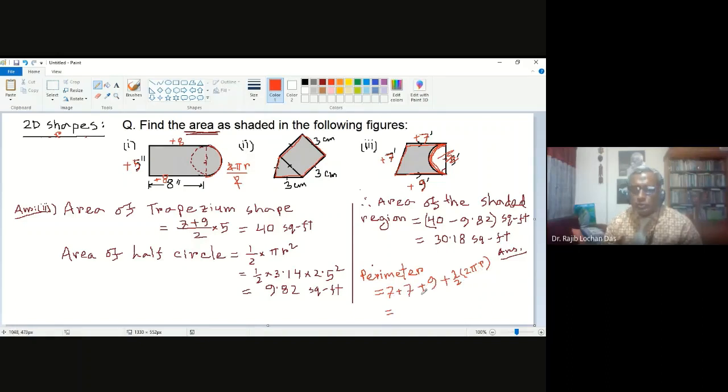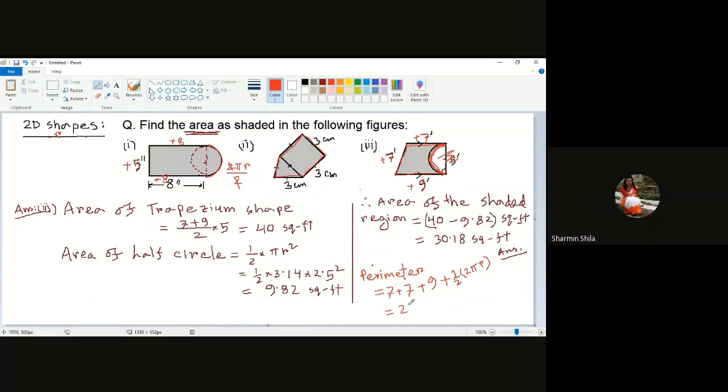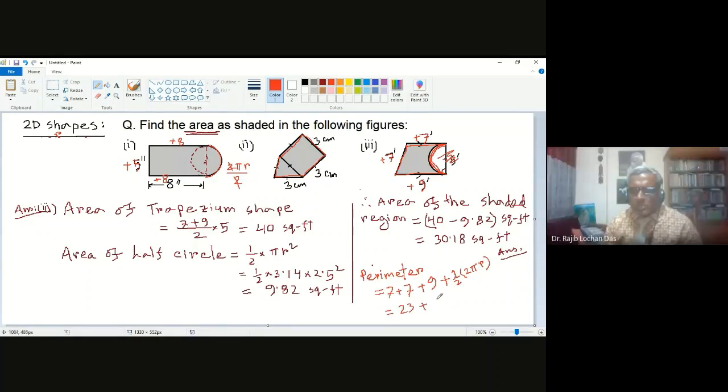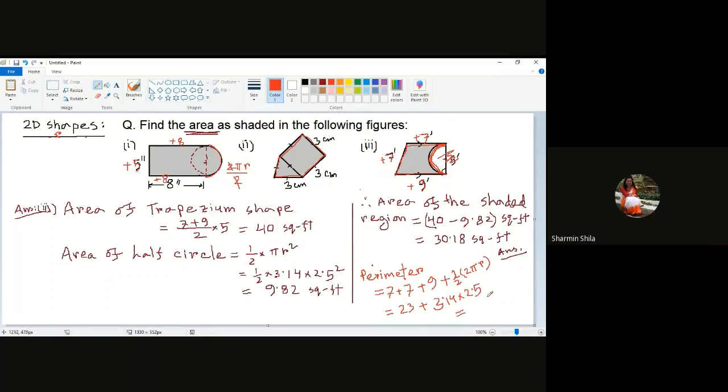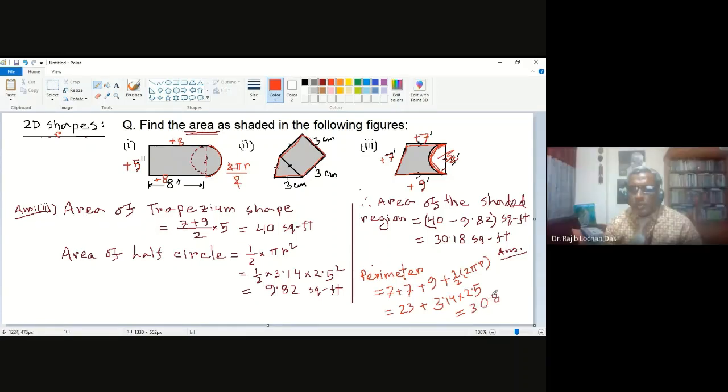So it is 23 plus 3.14 into r, which is 2.5. So the final answer will be what? 30.85, and it is foot, only foot, not square.